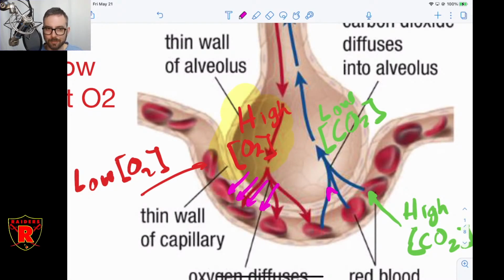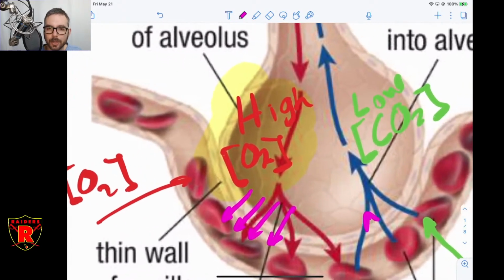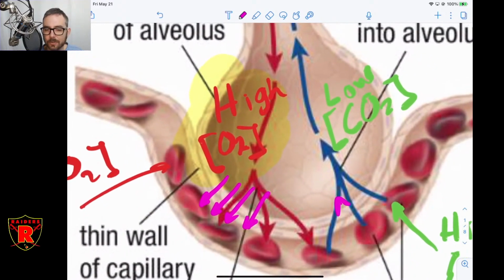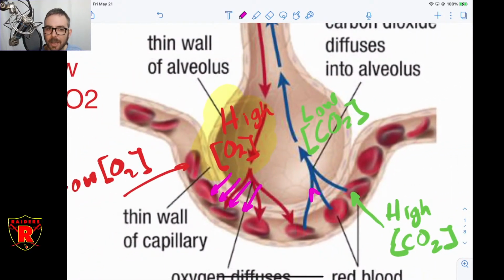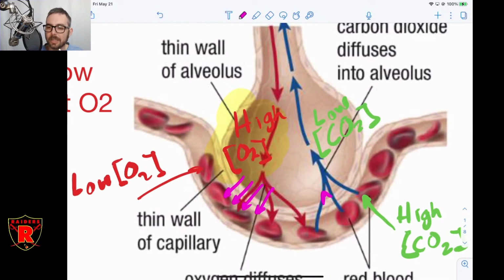This works as long as you keep the concentration of O2 in your alveoli, that's inside of your lungs, high. And you do that by continuing to breathe. As long as you breathe, you're going to keep topping up the amount of O2 that's in your alveoli, and that will keep that concentration gradient.